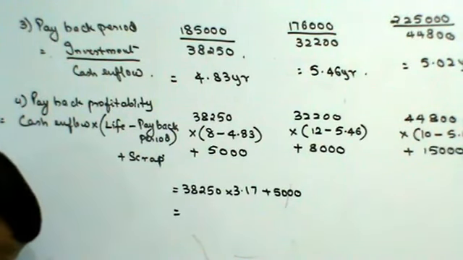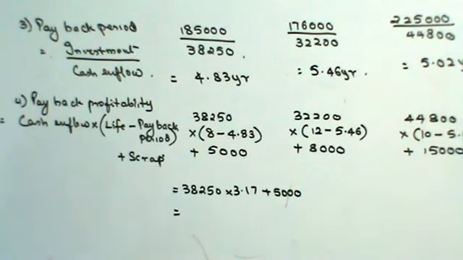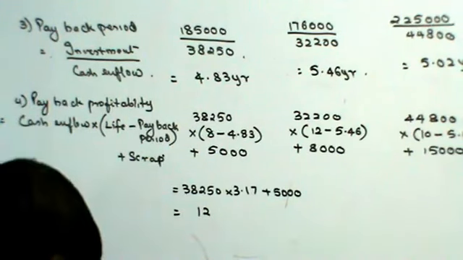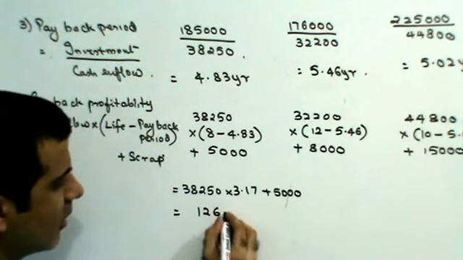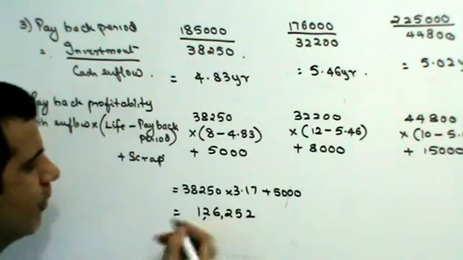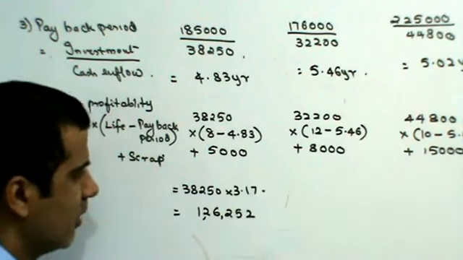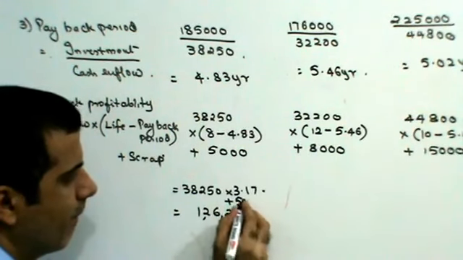I presume it should come to 1,26,000. 1,26,252. Leave the decimal out, right? We will just write this plus 5,000 here.